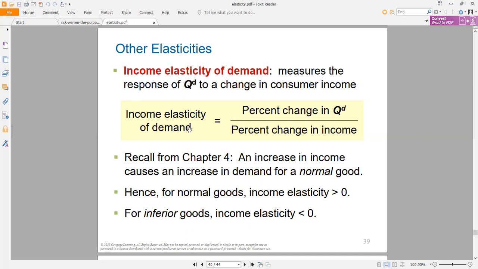Now, if you calculate income elasticity of demand and the answer is positive, it means that whenever there's an increase in income, there's an increase in quantity demanded. That is a normal good. Remember the definition of normal goods. If the coefficient is negative, the good is an inferior good, which means that whenever there's an increase in income, there's a reduction in the quantity demanded.